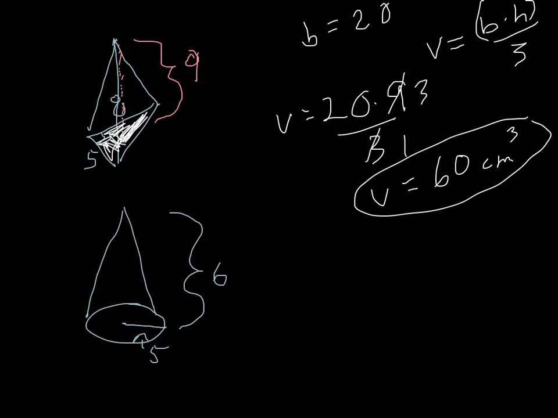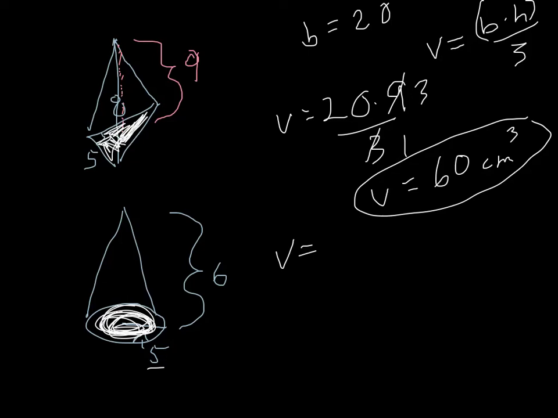Alright, and last but not least, we calculated the surface area of the circle. Area equals pi r squared, so 5 squared is 25 times 3.14. If you remember, that was 78.5.